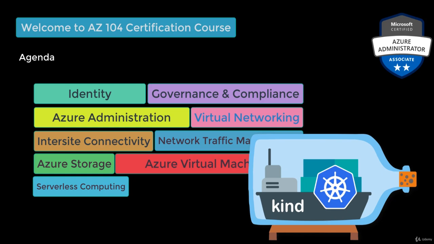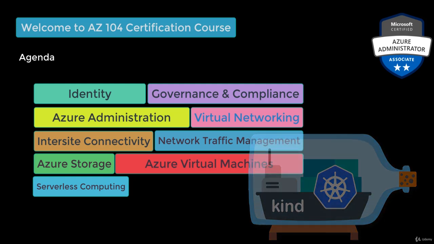Today's developers would always like to go for serverless methods to design their modern web applications. So in this module, we'll understand what service offerings Azure has to deploy your applications using serverless technologies. For example, Azure App Services, container services, and then the architecture level of Azure Kubernetes Service.